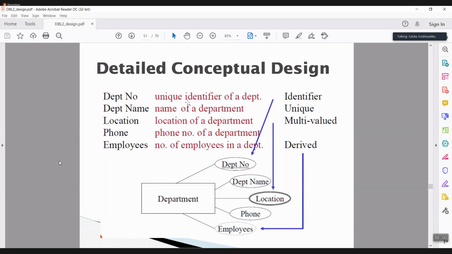Here, department number is the unique identifier, the name of the department is also unique, the location of the department is multi-value, the phone number of the department is simple, and employees is the number of employees in the department. This one is a number, not the employee names, which can be derived from the access path.